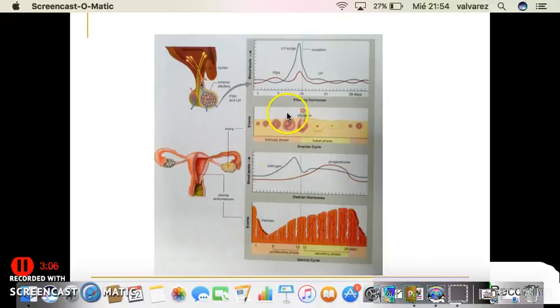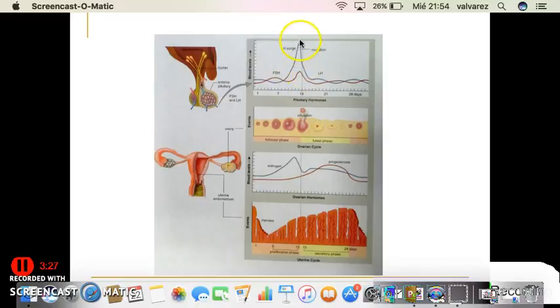Okay. As days go by, the hormone that will be peaking, rising its level in the bloodstream, is the LH hormone. Under its action, ovulation takes place.